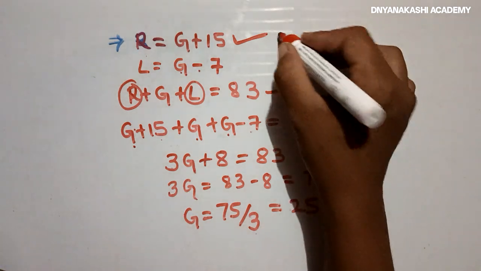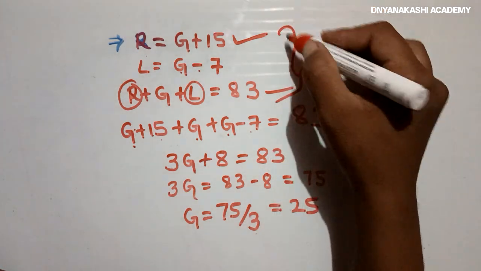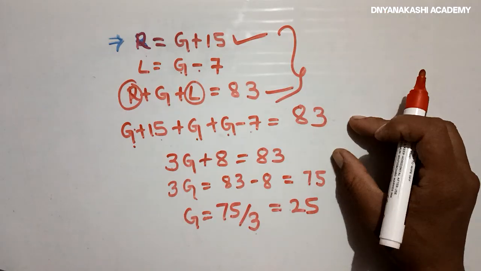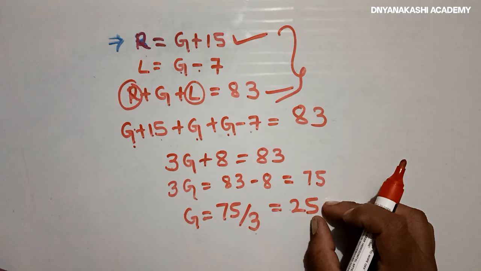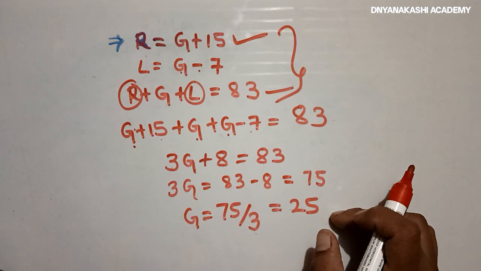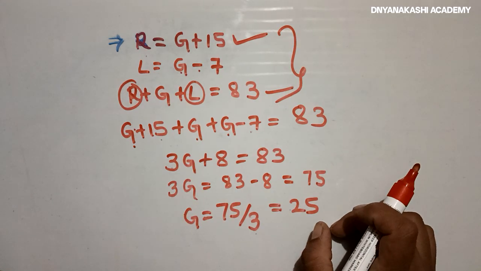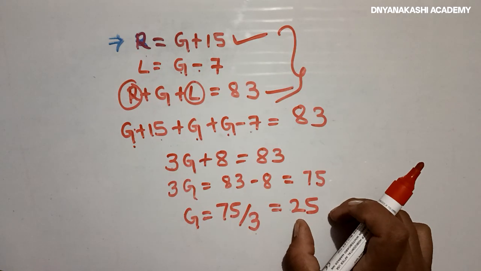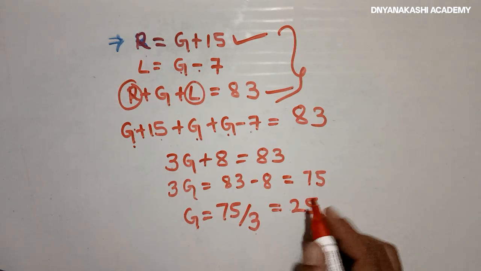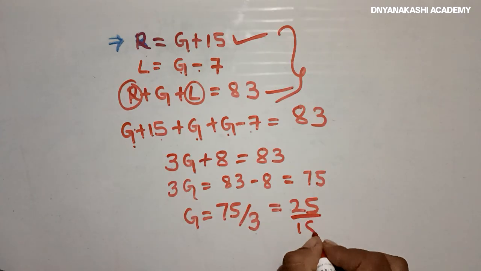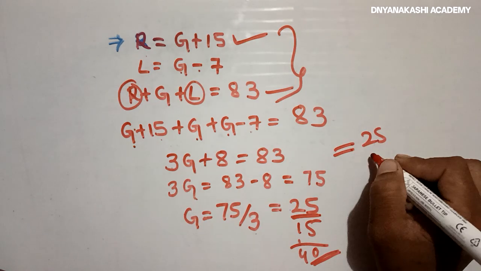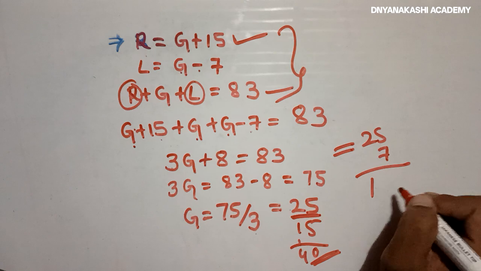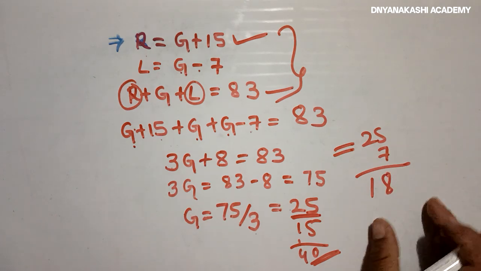What is the given data? Using these three data I solved it, and Gurudas scored 25. Suppose in the question we make a twist. What about Ramesh's score? 25 plus 15, this is a 40 score. What about Leela's score? 25 minus 7, Leela's score is 18.